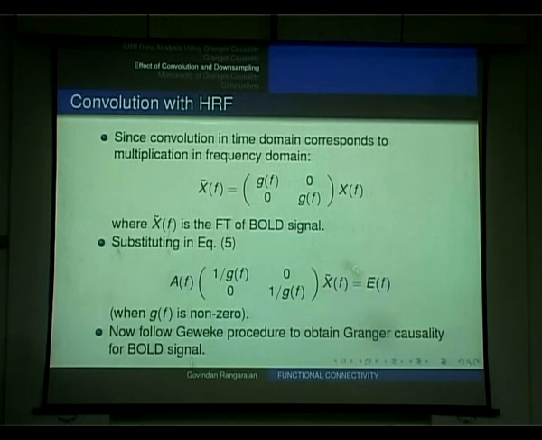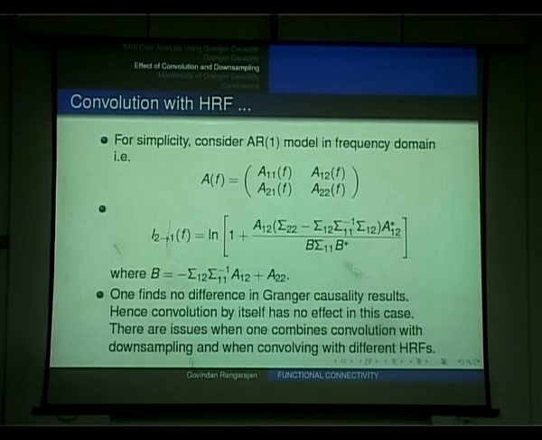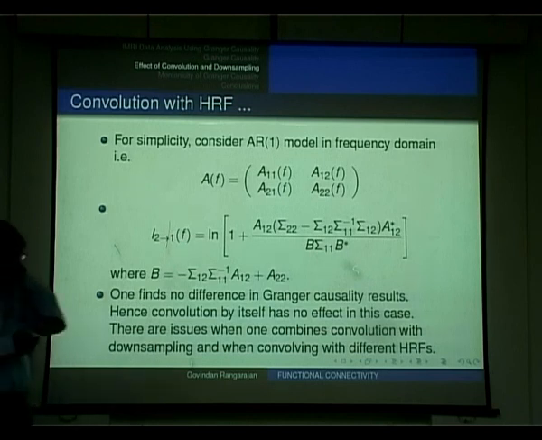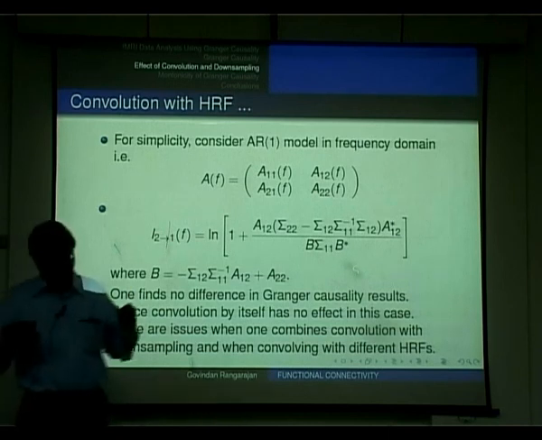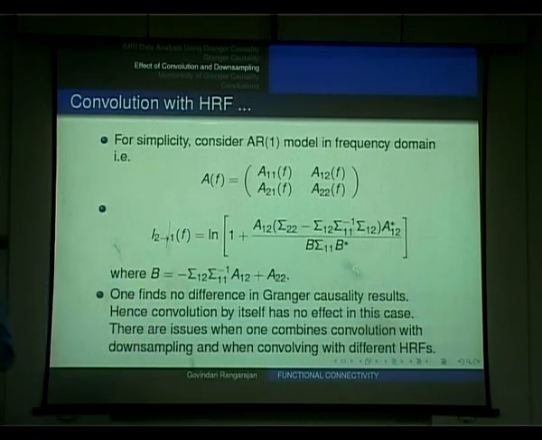So you can substitute it in this, and follow the standard procedure which I skipped over, and obtain Granger causality for the BOLD signal, and what you get is in fact an identical expression to what you had earlier. So what this mathematical analysis tells you is that if you have the same HRF convolution for both the regions, or if there are not significant differences between the HRF convolution for both the regions, there is no effect on Granger causality.